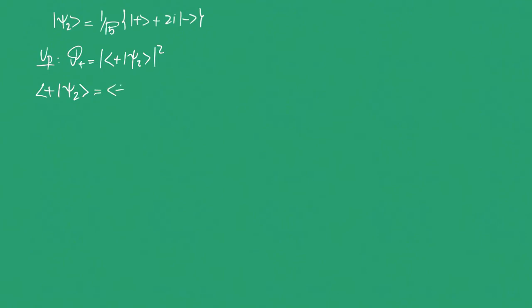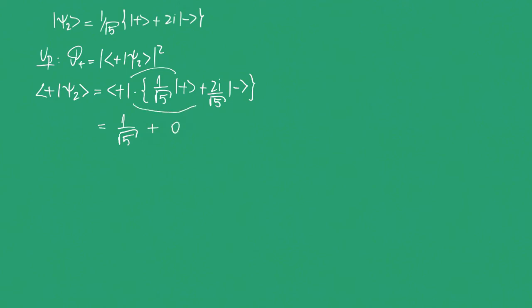So here we have a bra plus that multiplies 1 over square root of 5 ket plus, plus 2i over square root of 5 ket minus. If we multiply here, we know that the first result gives us 1 over square root of 5, and the second multiplication gives us 0 because ket plus and ket minus are orthogonal.